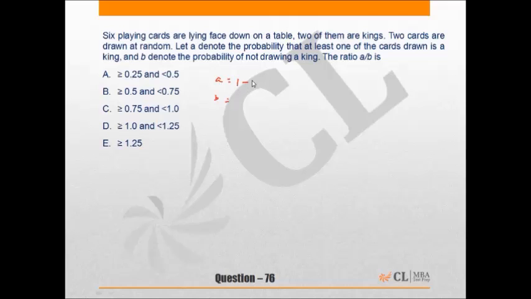So it's better to go by the latter method, in which we will subtract the probability of not finding even a single king card from 1.